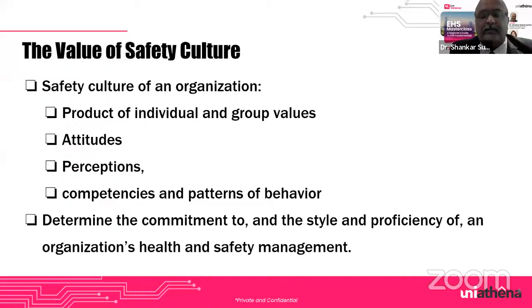Competencies and patterns of behavior are another area, because if you're not aware of the accidents which can happen, there is a lack of knowledge. There is a lack of competency to understand the mishap or the accident or the pattern or the potential danger. That's why you're neglecting it. That's another area where the company should give people a lot of training. And for patterns of behavior, as I said, you don't delay.